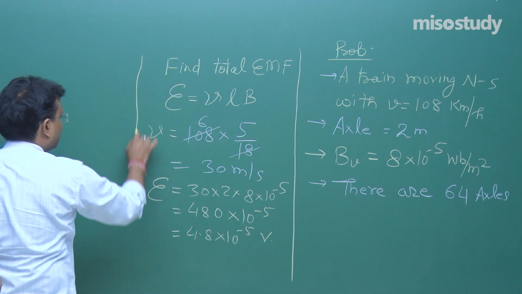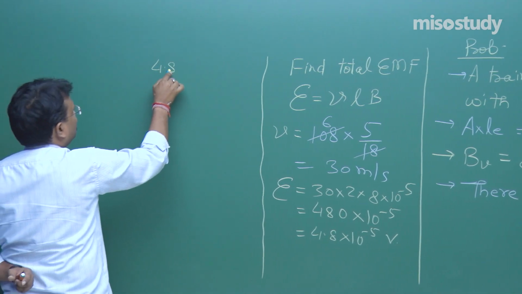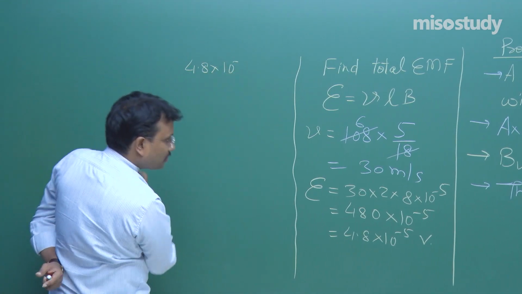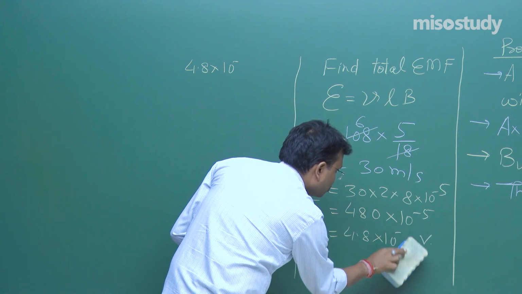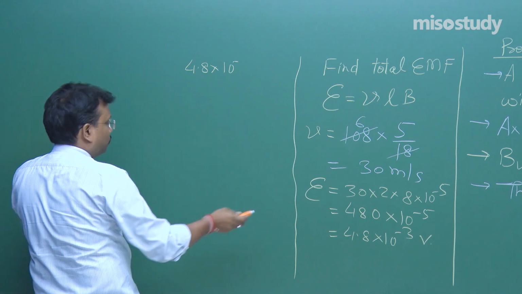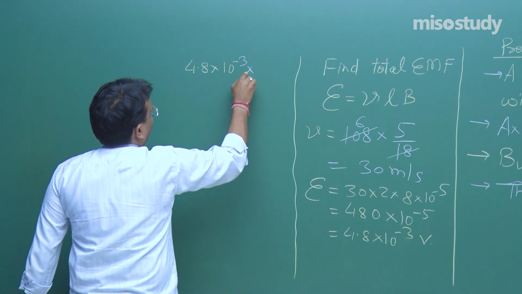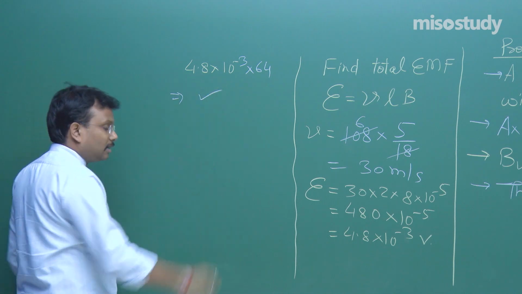Now, for these 64 axles, it is 4.8 into 10 to the power minus 3 into 64. Fine. So, that will give you the result.